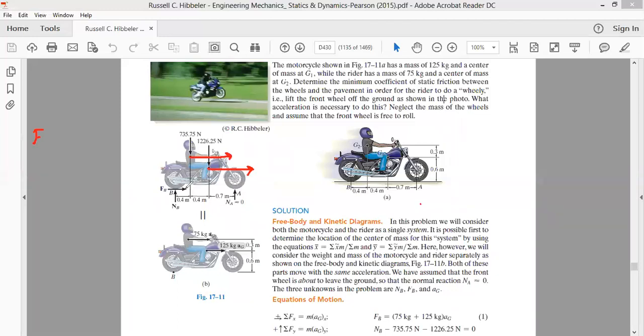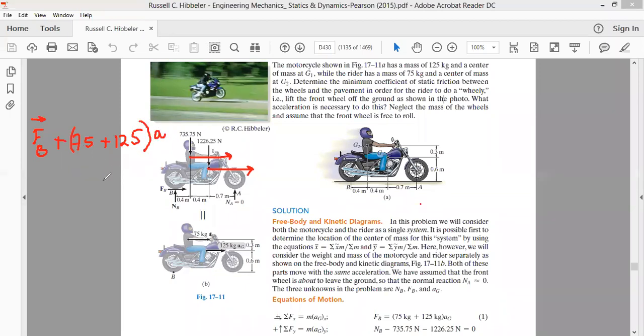So I'm having this force, FB, the frictional force at point B, plus the force on the rider, that's equal to the mass of the rider, that is 75 kg, multiplied by its acceleration, plus 125 kg, the mass of the motorcycle, multiplied by the acceleration.